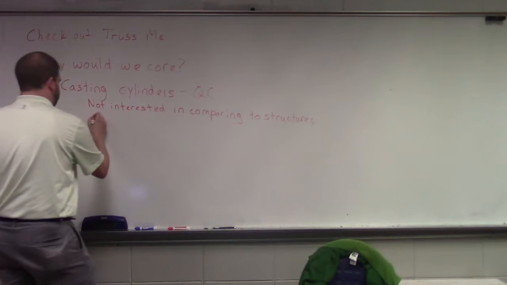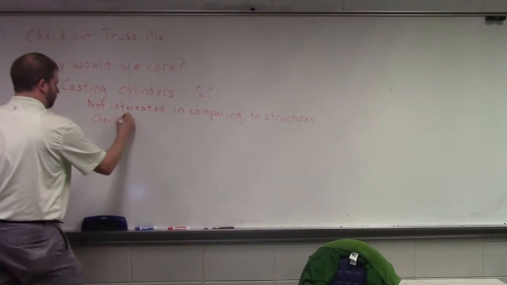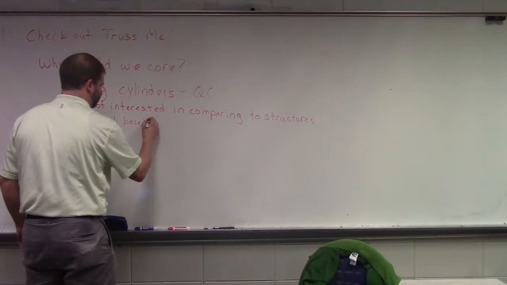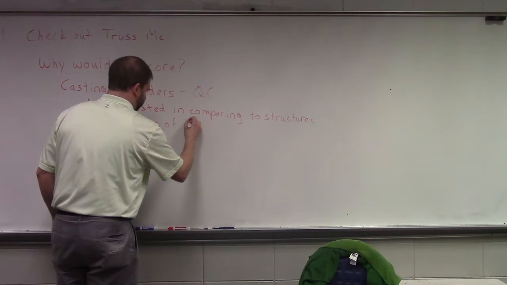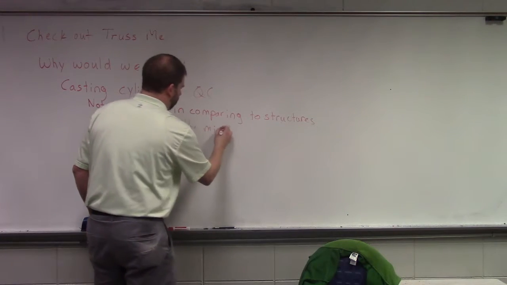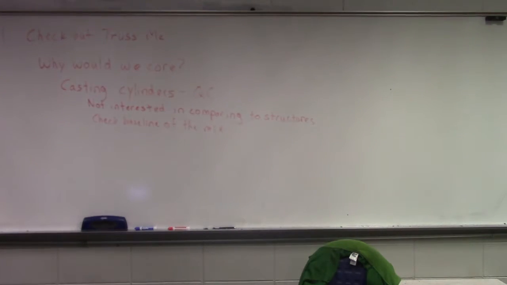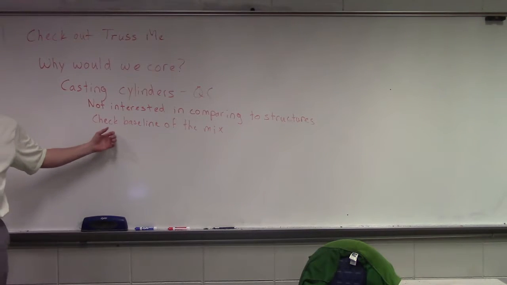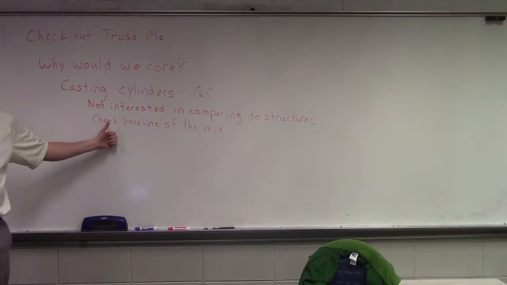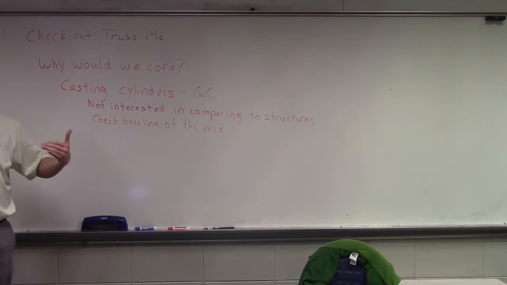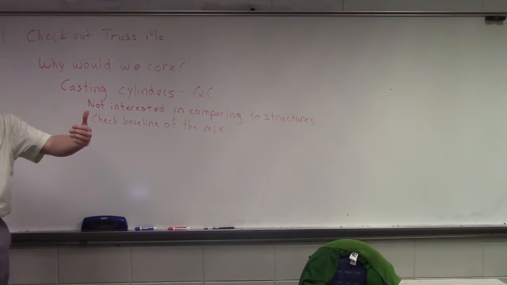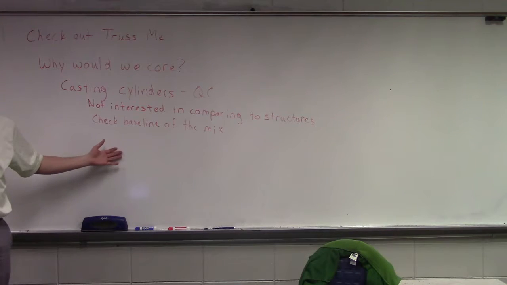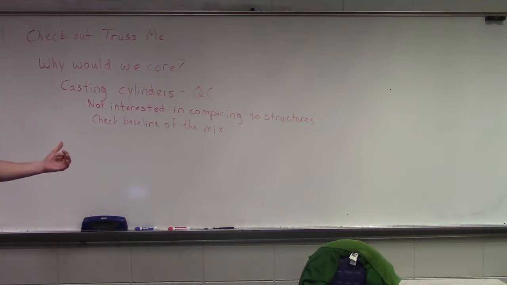We instead check the baseline of the mix. And so we're interested in things like, is the ready mix producer messing with the powders that are going in? Are they cutting back on the cement? Are they adding too much water? Is the moisture on the rock not correct? Are they not using the right rock?